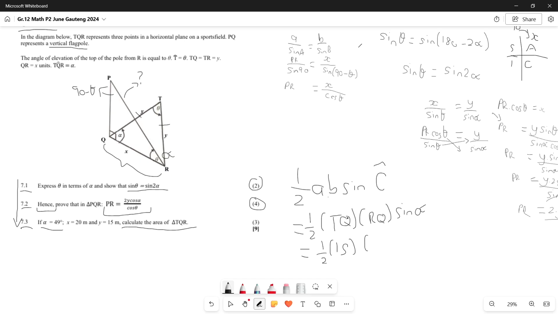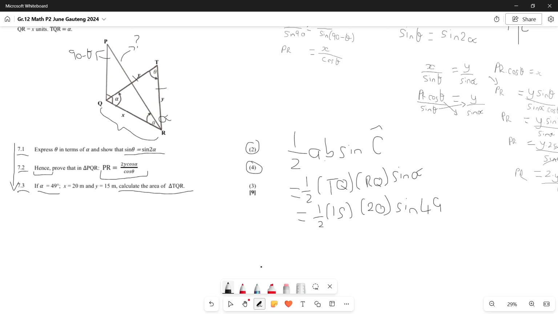X was given to us as 20 meters. So we can plug that in. And then sine of alpha. Alpha was given as 49 degrees. So we're just going to write sine of 49. From here, all we have to do is plug this in our calculator, and we have 113,21. And that'll be our final answer for the area of triangle TQR. Great job, guys. And that would earn us 3 marks over there, 9 marks for this whole section.